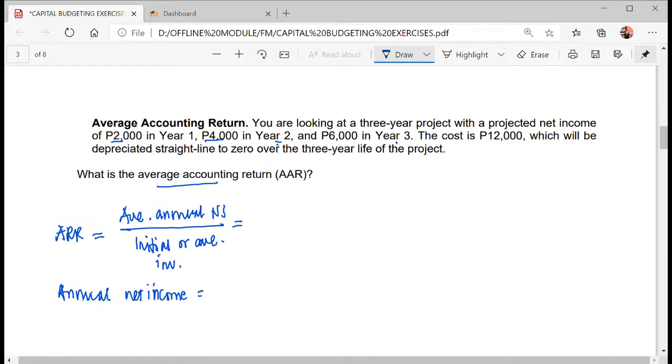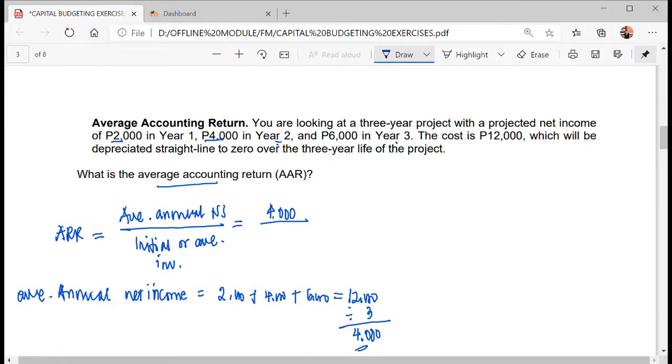So, add 2,000 plus 4,000 plus 6,000, that is 12,000 divided by 3 years. So, you have 4,000 every year. This is our average annual net income, so this would be our numerator.